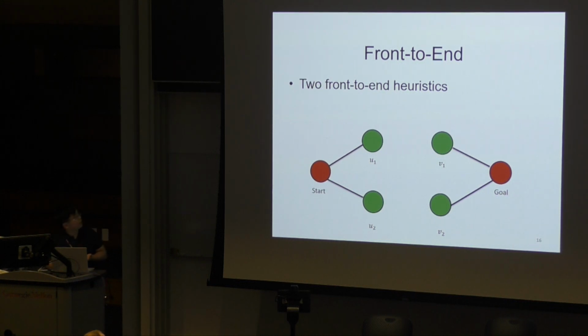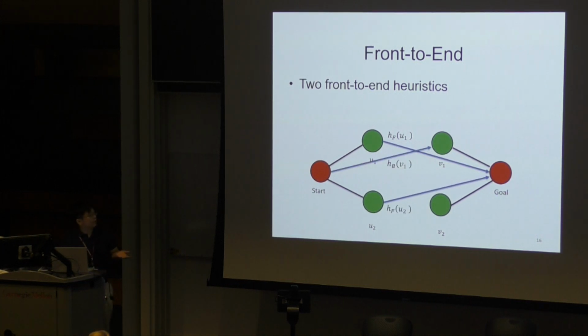An alternative is to use a front-to-end heuristic, which is more common in bidirectional search. We estimate the cost from a state in the forward direction to the goal, and we also have a function that estimates the cost from the start to a state in the backward direction, which is called the backward heuristic.